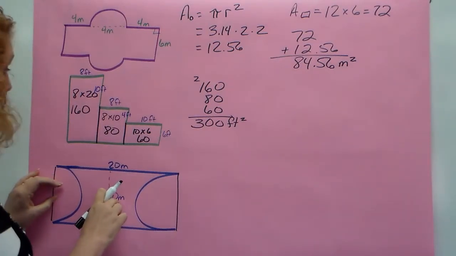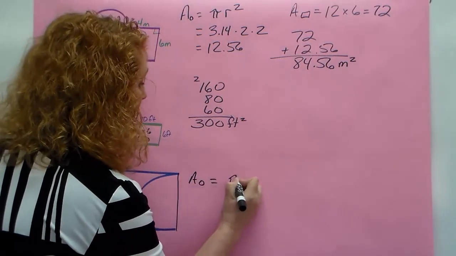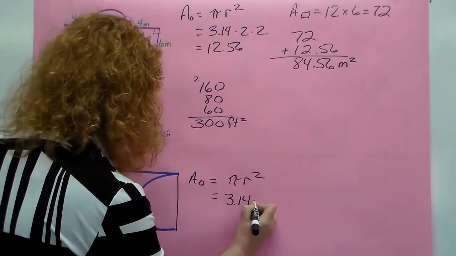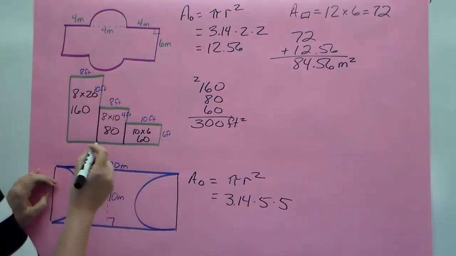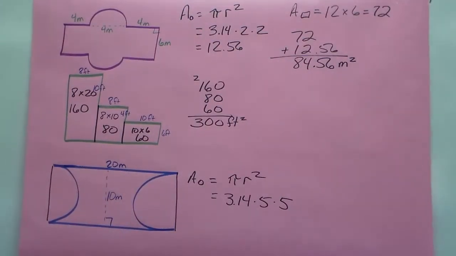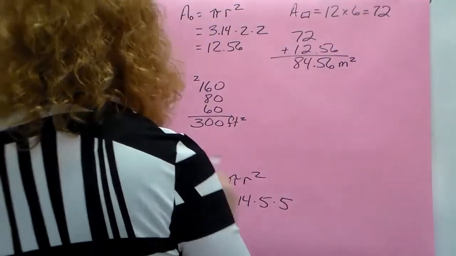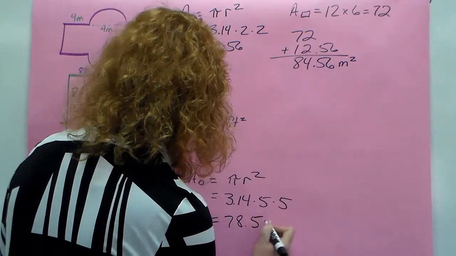Whoops, I didn't work this out ahead of time. So the area of my circle is pi r squared, which is 3.14 times 5 times 5, which I'm going to do very quickly and say 3.14 times 5 is 78.5. Oh, I did it before. 78.5.